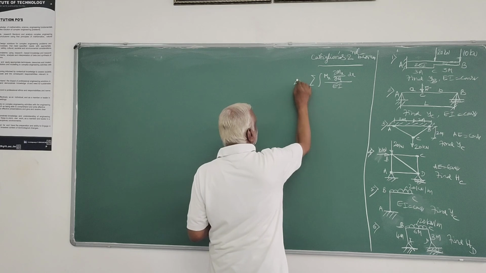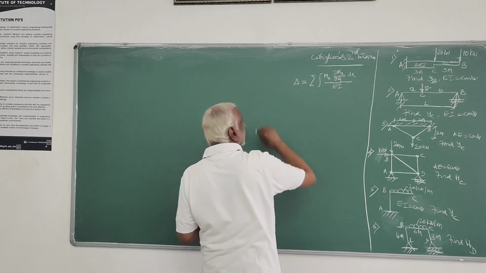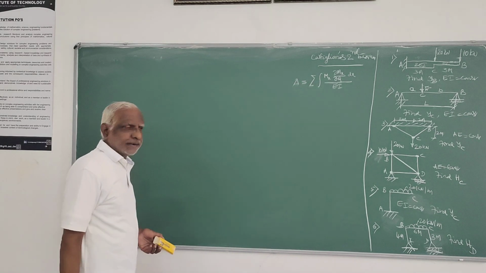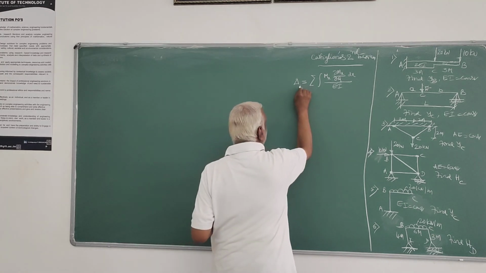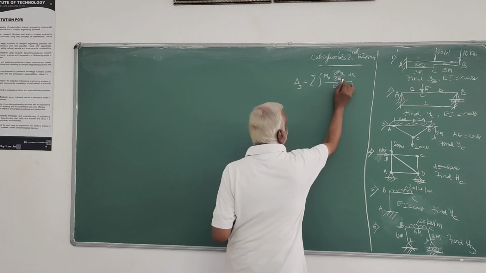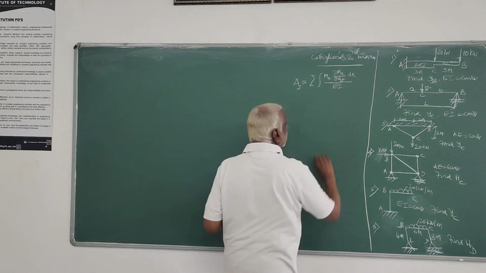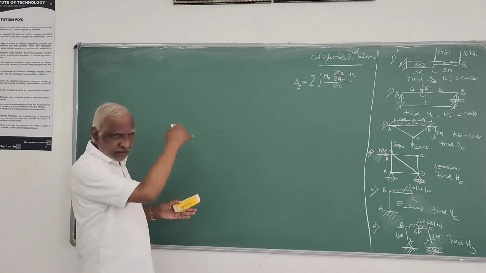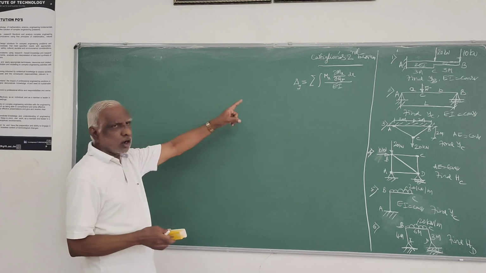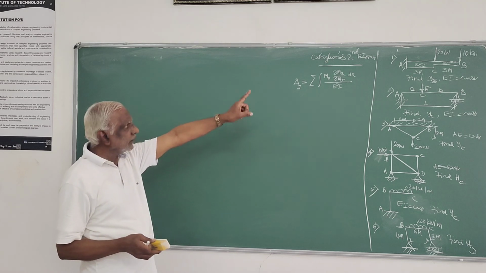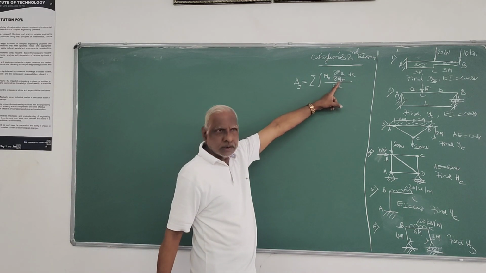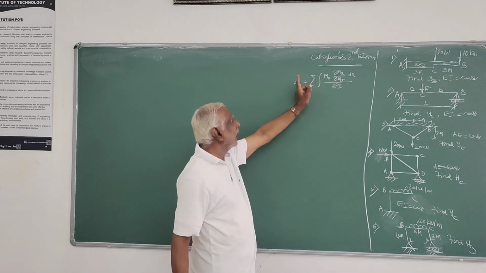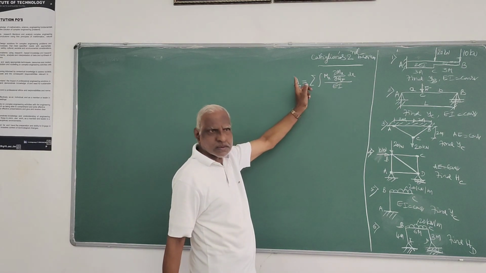This is your displacement at any point j. You have to apply a load at that particular point, or coordinate. Along that coordinate you have to apply a load Q_j, where you have to determine the displacement.